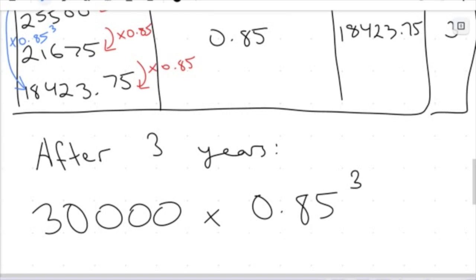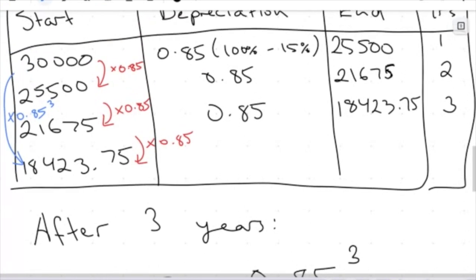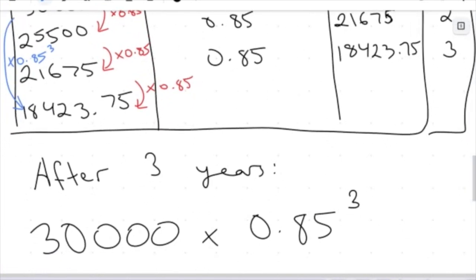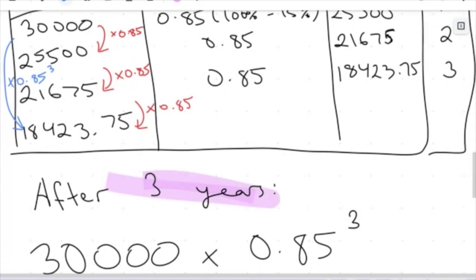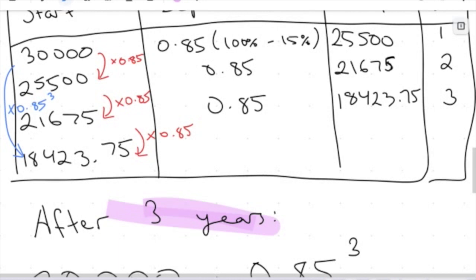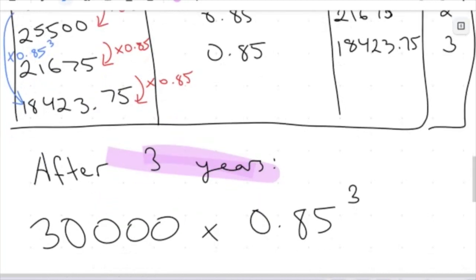Well, if it keeps going along as we've been doing, all we're just going to do is multiply by 0.85 another 2 times. Think about it. At the end of 3 years, the number of times we multiplied by 0.85 matched the amount of years.